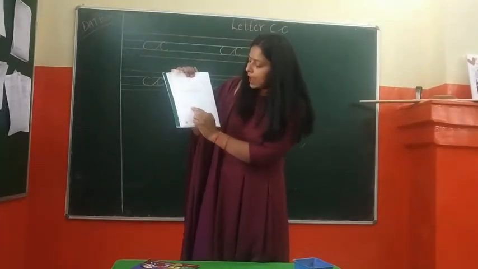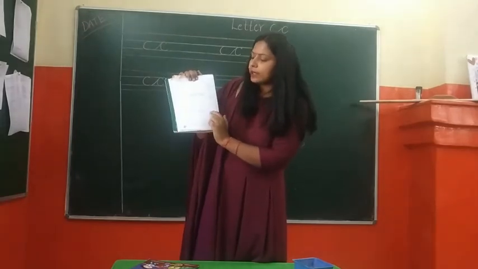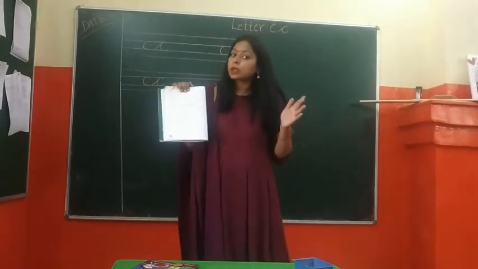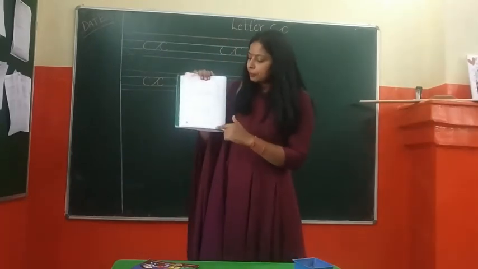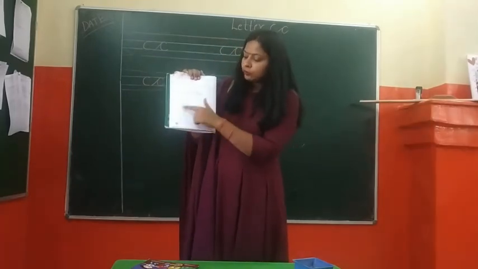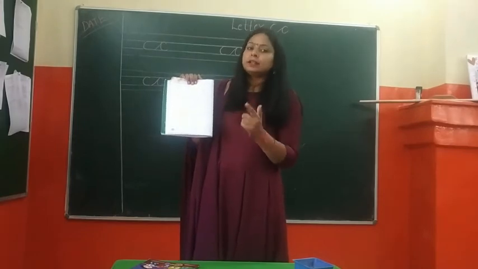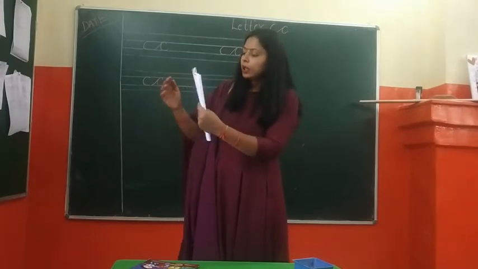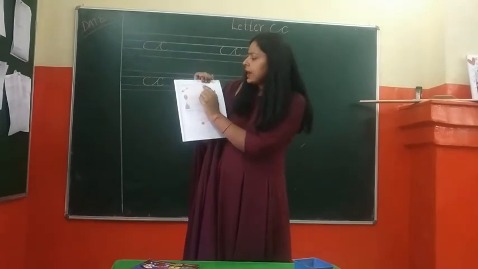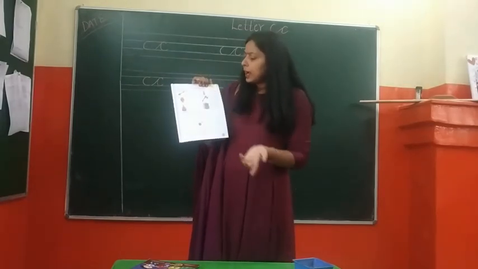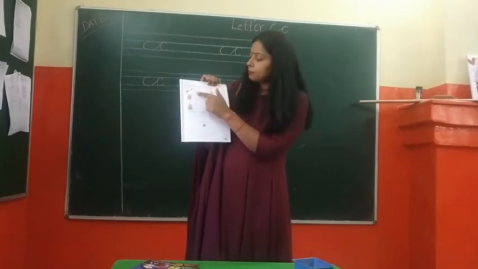Next is match the capital letter to small letter. Now you can recognize, you can identify the small and capital letters better because you have done the practice. So you have to match the capital letter with the small letter. Okay. Next is say the name of the picture and write A, B and C. Again you have to identify the picture.